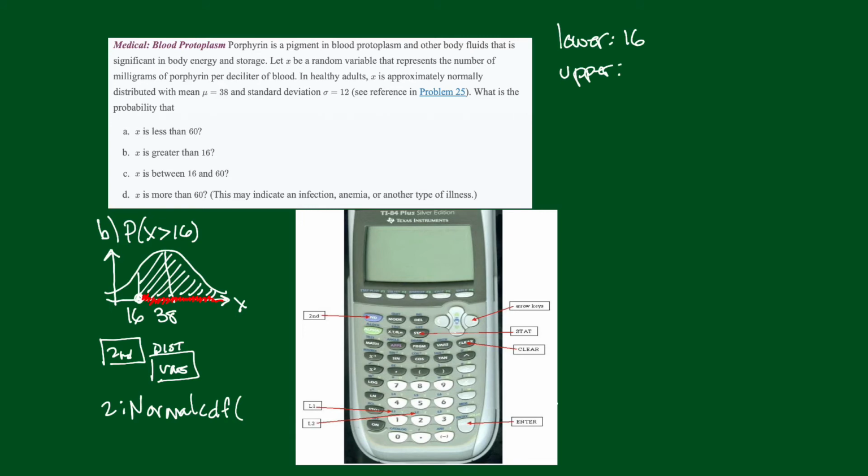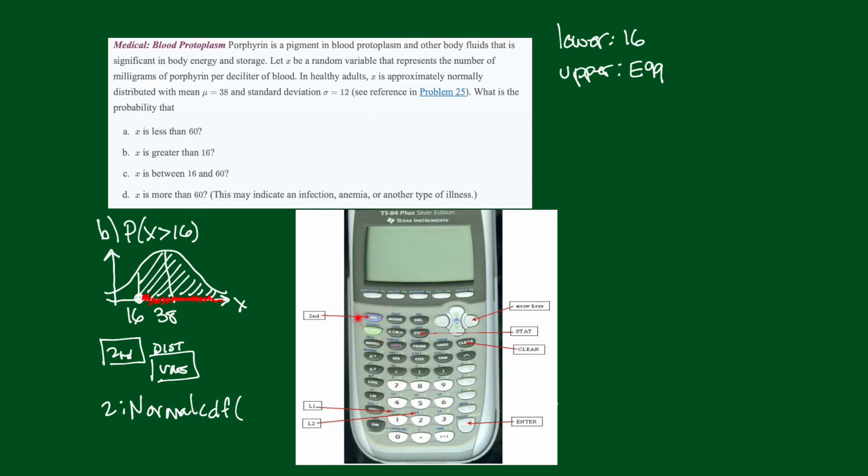Now the upper. Now look at what is happening here. This is going off to infinity. Now here's how we say infinity with that E again. So we're going to get E and then just 99. Now here's where you get that. Where do you get that E? The E is really EE, and it's on blue above the comma.